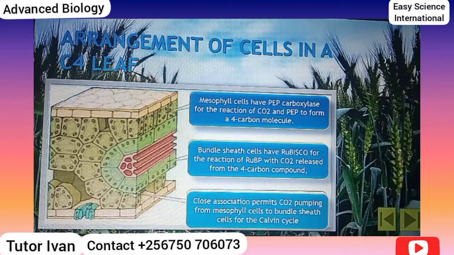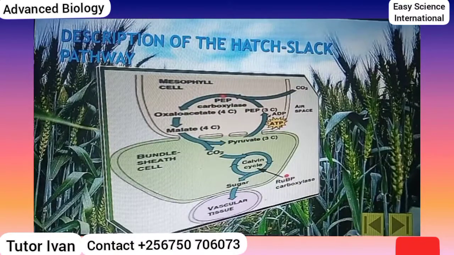This close association of the bundle sheath cells and the mesophyll cells allows for a mechanism, the shunting of carbon dioxide released from the mesophyll carbon 4 molecule to the bundle sheath cells, as we shall see in the biochemistry. Let's go.